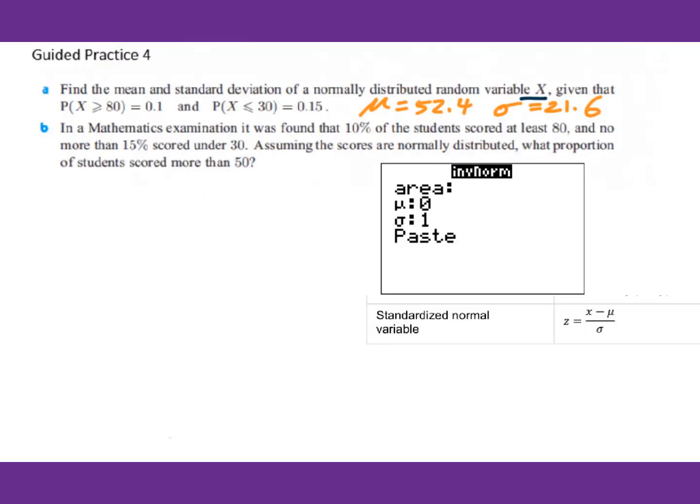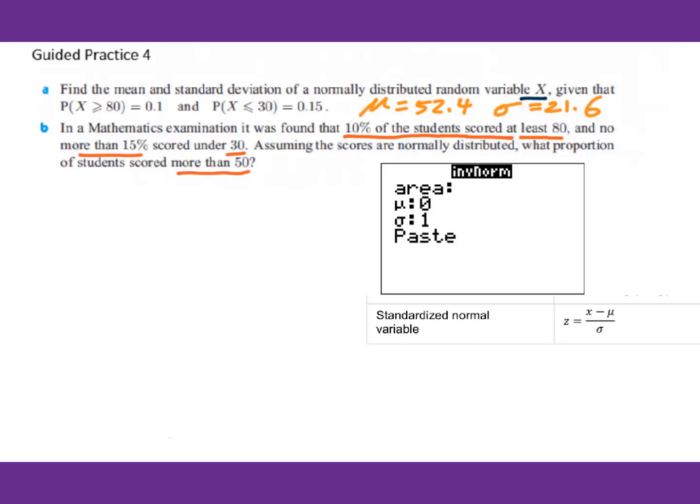In a mathematical examination, it was found that 10% of the students scored at least 80, and no more than 50% scored under 30. Assuming the scores are normally distributed, what proportion of students scored more than 50?